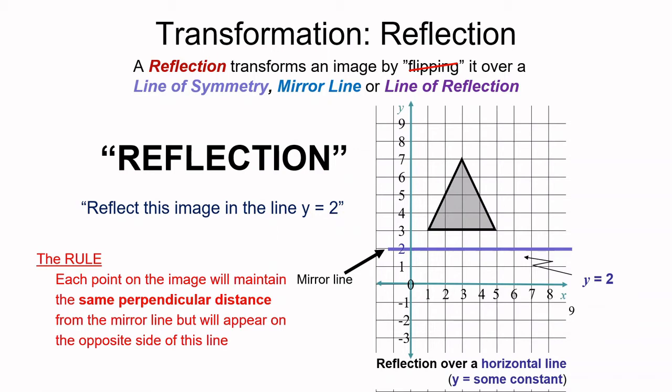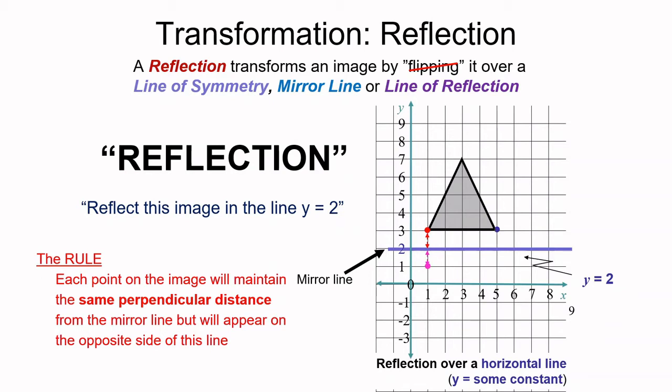Now, what I mean by a perpendicular distance is the distance directly towards the line at a 90-degree angle. You see how I've plotted this point here? I've drawn an arrow directly towards the line, and that arrow is forming a 90-degree angle with my mirror line. Now I measure that distance, and it's 1 square above the mirror line. So its reflected image will be 1 square below the mirror line.